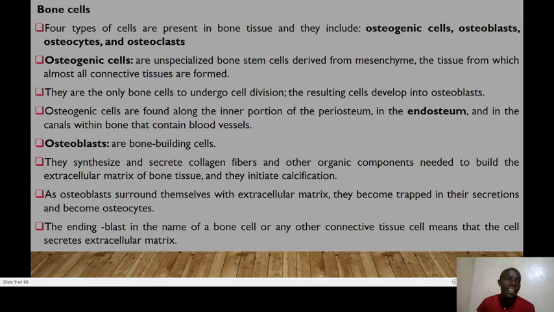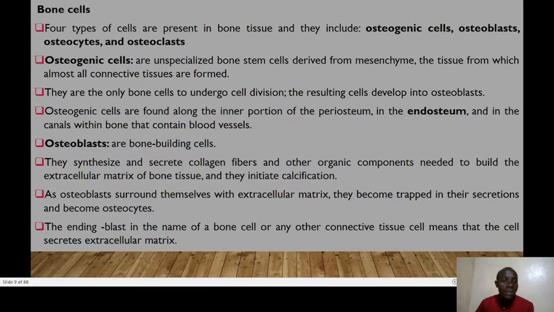So we have different types of bone cells, and we have 4 types of cells that are present in our bone tissue, and they include osteogenic cells, osteoblasts, osteocytes, and osteoclasts. So osteogenic cells are unspecialized bone stem cells, and they are derived from the mesenchyme, the tissue from which almost all connective tissues are formed.